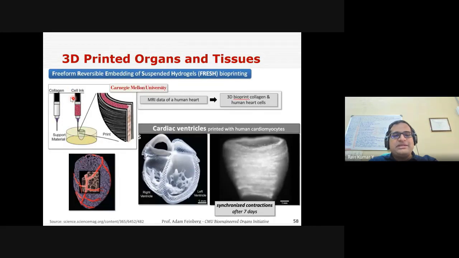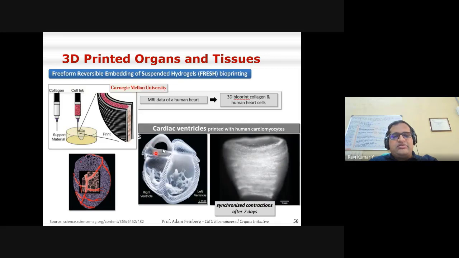You prepare a collagen and the cell ink, or you cultivate these cells in an incubator, and further add some proteins and nutrition, and then finally you prepare a material. Here it is purely a natural material, purely the living cells of the patient, and then further it is printed, or introduced back into the patient.